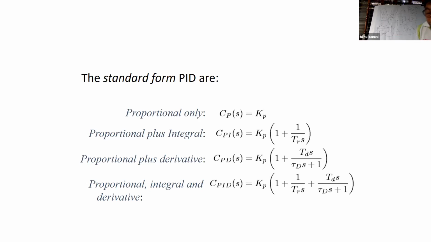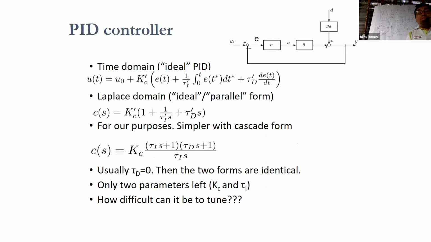Ataupun saya beli pad, scratch pad, sama je lah. Alright. So in time domain, the ideal PID will have this KP, KI, and KD, or this thing. Laplace domain, we have.